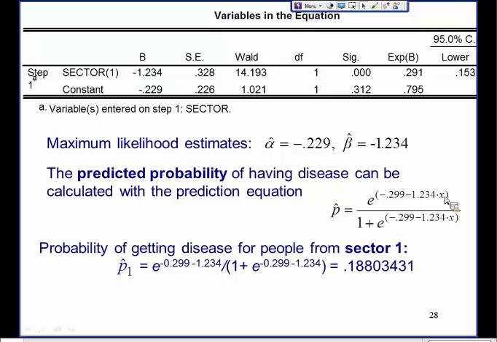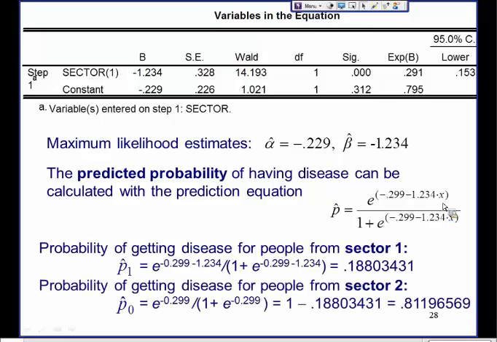So if I plug in 1 here, calculating this formula, I get the probability of getting disease if you live in sector 1. If I plug in 0 for X, I get the probability of getting disease living in sector 2. So you can get the probability estimation, right? Any time you have a subject coming, you can predict the probability of this person will get a disease or not, right? Or how likely this person will get a disease.